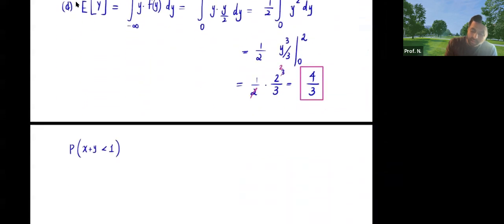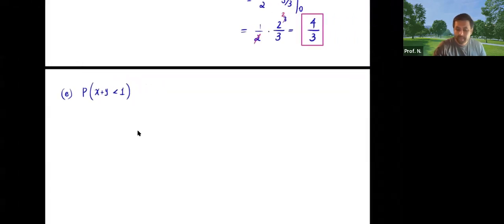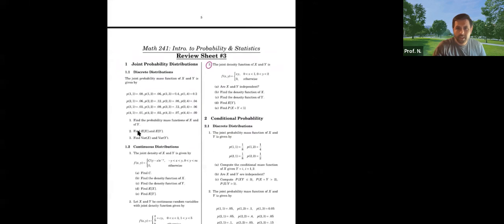That's E. So does anybody know how to approach this one? How do we approach part E?